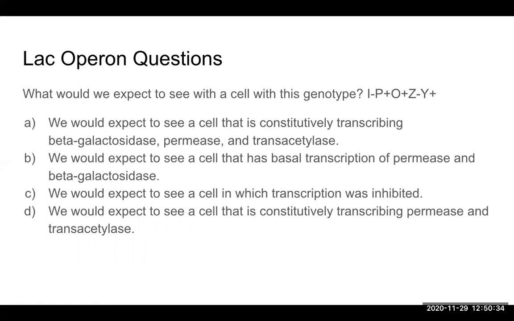And this means whether or not lactose is present, you will be having transcription. Lac-Z is responsible for creating beta-galactosidase. So if you mutate lac-Z, you have no creation of beta-galactosidase. So we know it has to be constitutively expressed, and there's no beta-galactosidase. Yeah, so D is the correct answer. Good job.